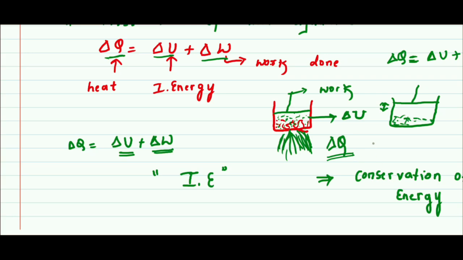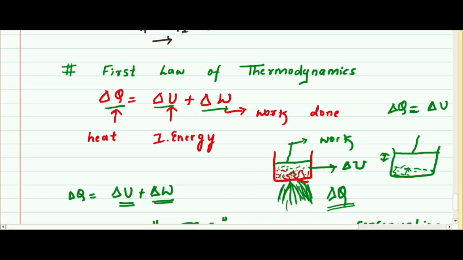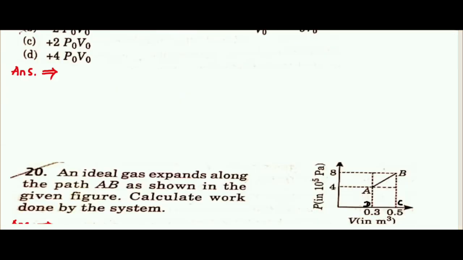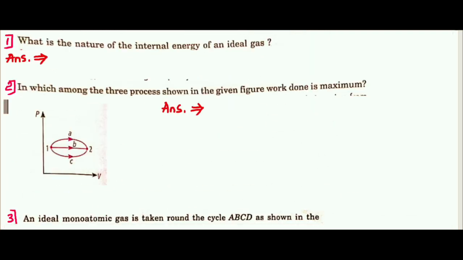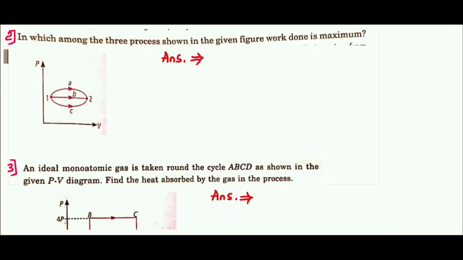So this is the first law of thermodynamics. I hope everyone has got their concept clear. So based on these concepts we will solve the previous year questions which appeared in NEET, JEE, CBSE as well as in NCERT.